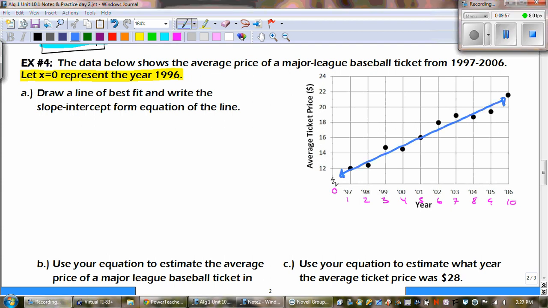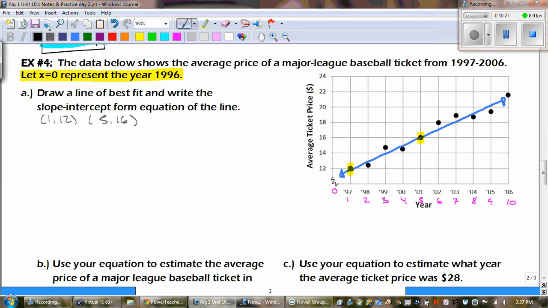Okay, so there's my line. Now, my line went through, or was very close to, 2 points, and those are going to be the 2 points that I use when I calculate my slope. So maybe you can't see that I'm coloring, but I'm going to use those 2 points. Okay? And those 2 points are (1, 12) and (5, 16).